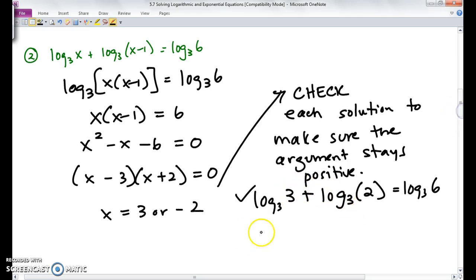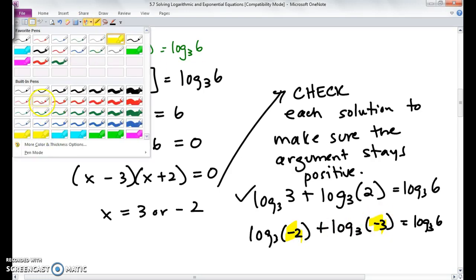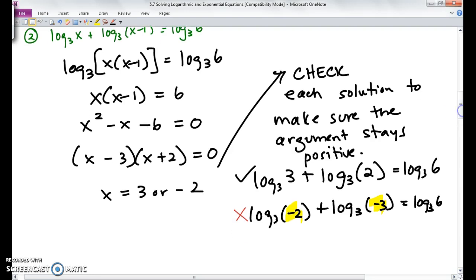But when I put the negative 2 in, I get right there and right here negative arguments. And so those aren't allowed. Okay? So negative 2 is extraneous. And positive 3 is the actual solution.